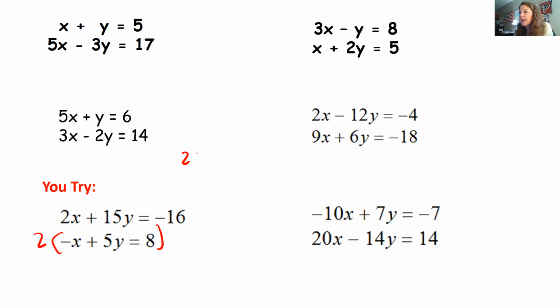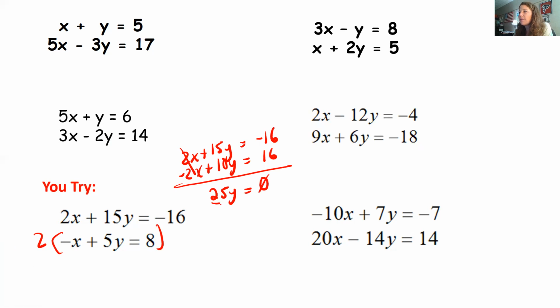So we have 2x plus 15y is equal to -16. And then 2 times -x is -2x plus 10y equals +16. So we have 25y equals 0. When I divide by 25, I get y equals 0.